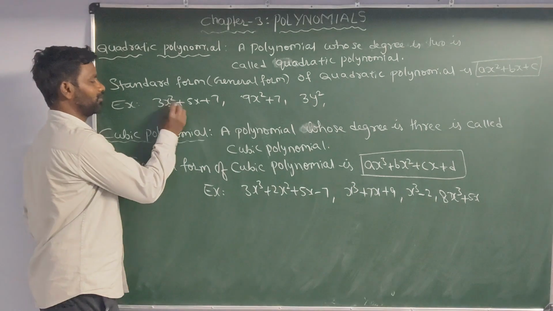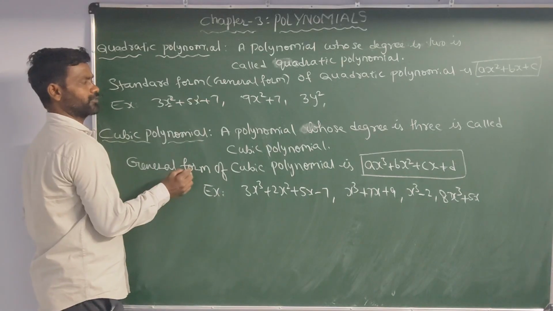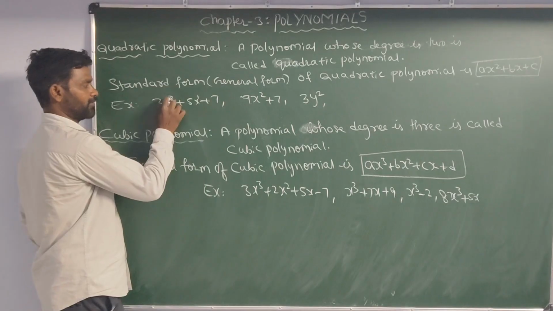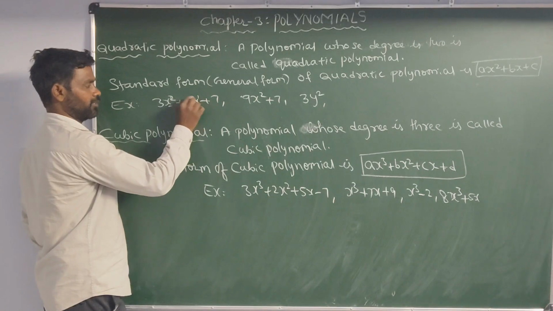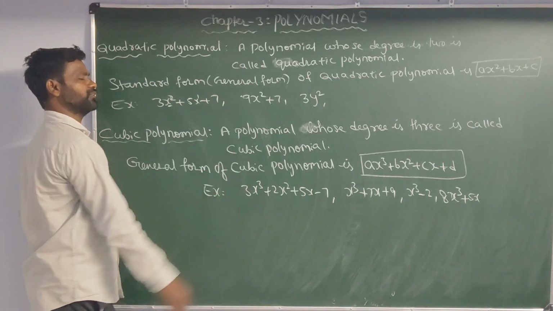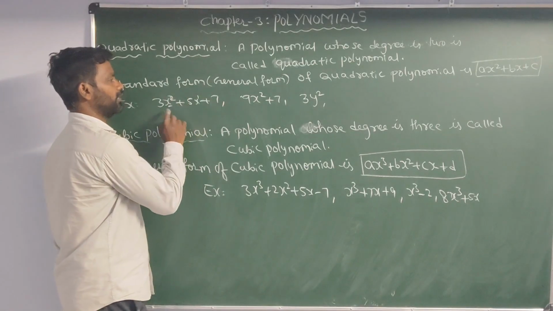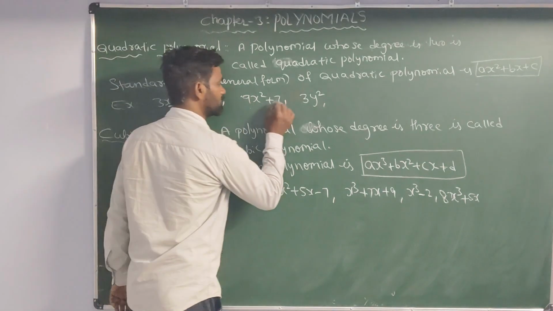Observe here, the variable's highest power, that is square, next x power 1, next constants. Highest power of variable, next lower power of the variable, and the last one is constants. Examples for quadratic polynomial: 3x square plus 5x plus 7, 9x square plus 7.